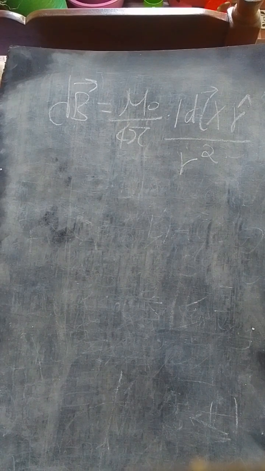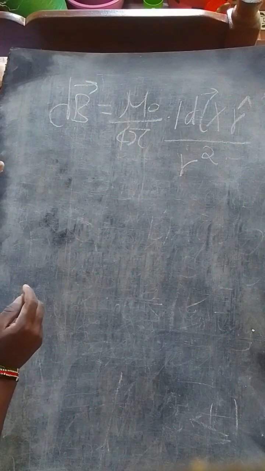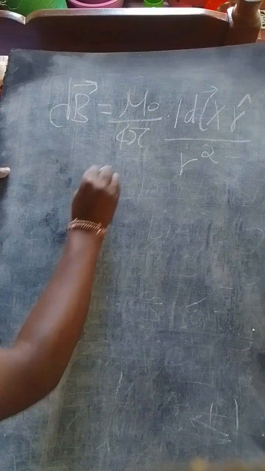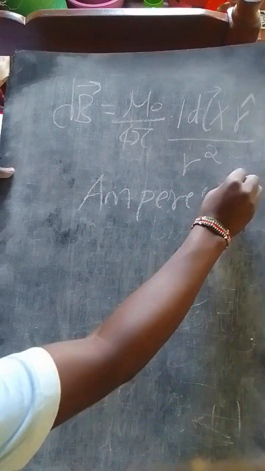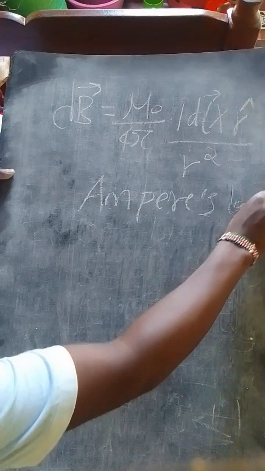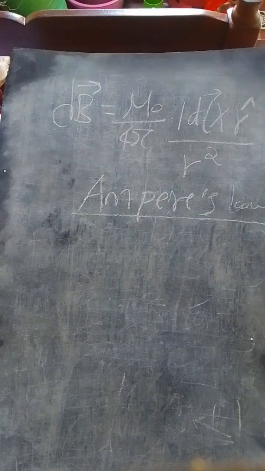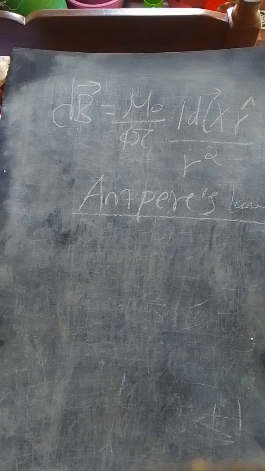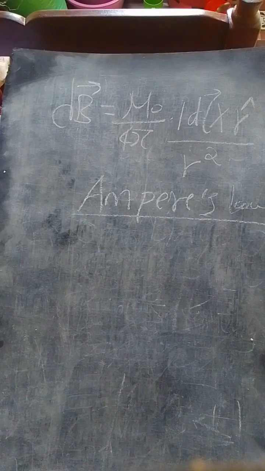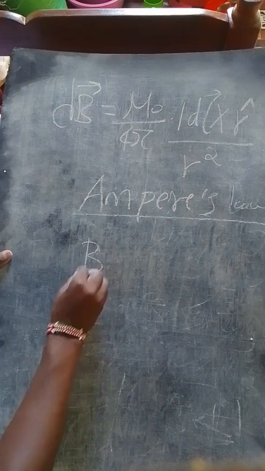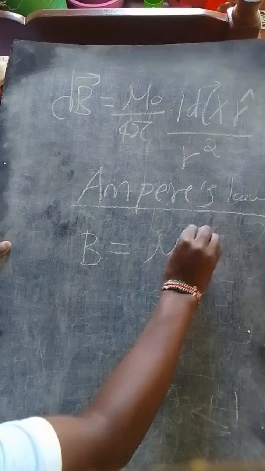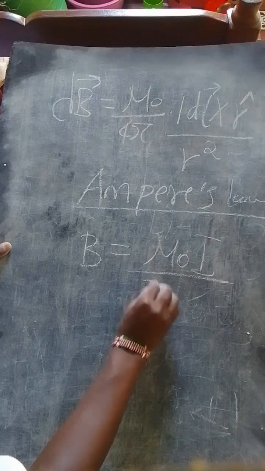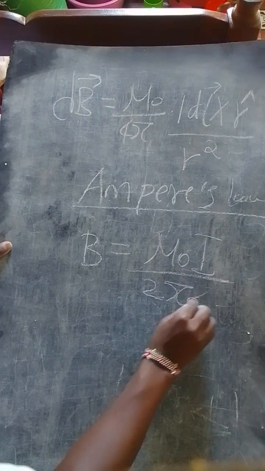Now let's talk about Ampere's law. Ampere's law states mathematically that B is equal to mu naught times current over 2 pi a.